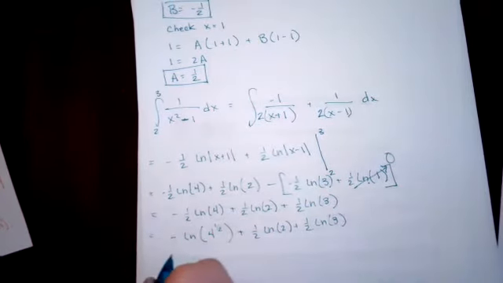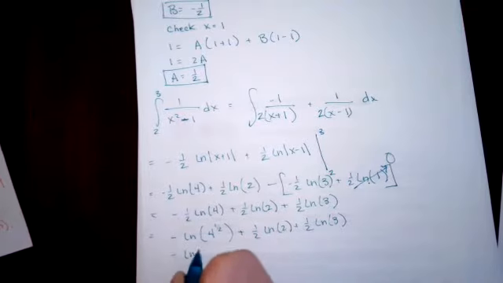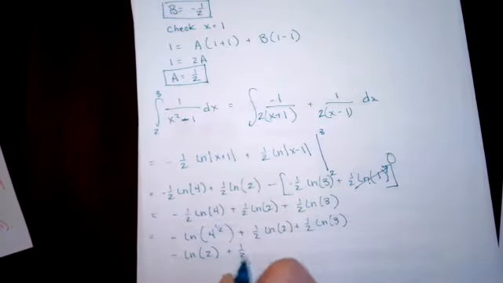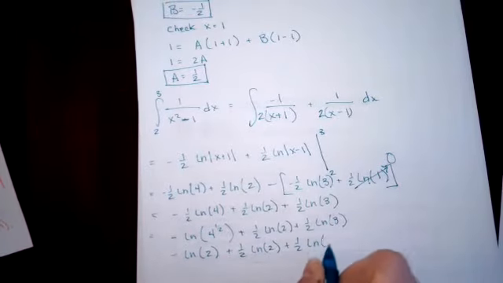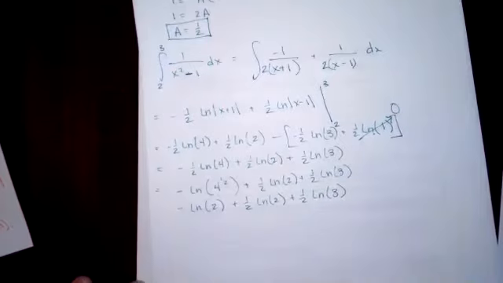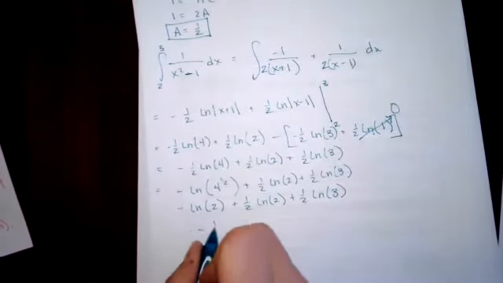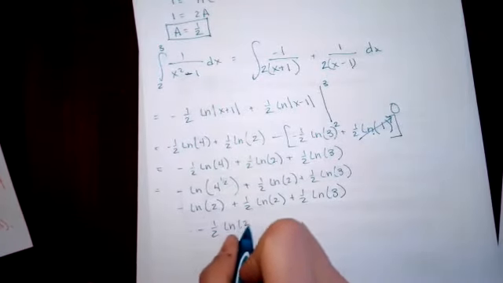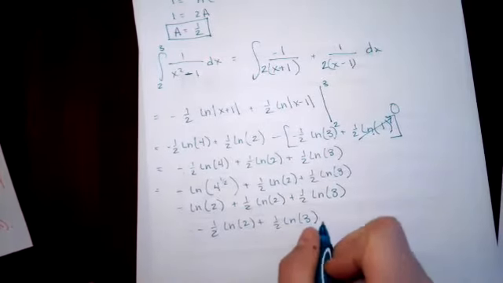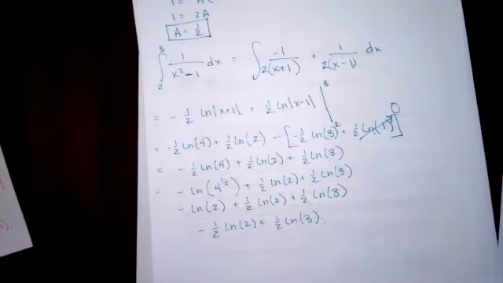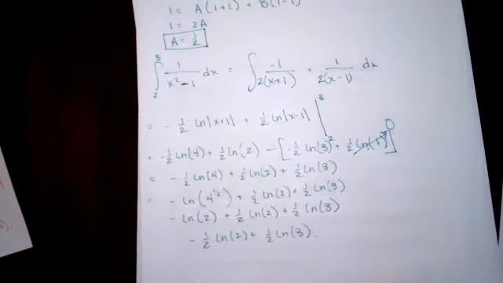If I pull that exponent up, this is just negative natural log of 2 now, plus 1/2 natural log of 2, plus 1/2 natural log of 3. And then I can add those two. So we're just going to be at -1/2 natural log of 2 plus 1/2 natural log of 3. So just some algebra there at the end. Got to remember your natural log rules.